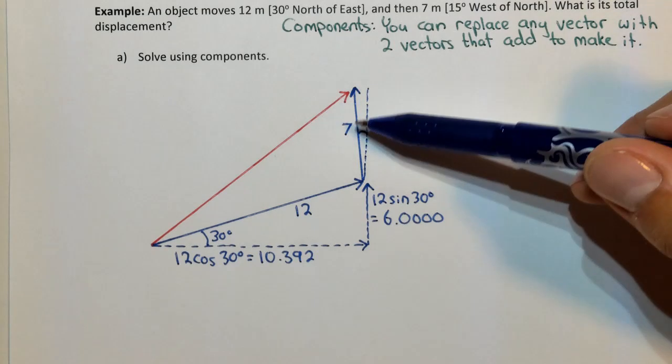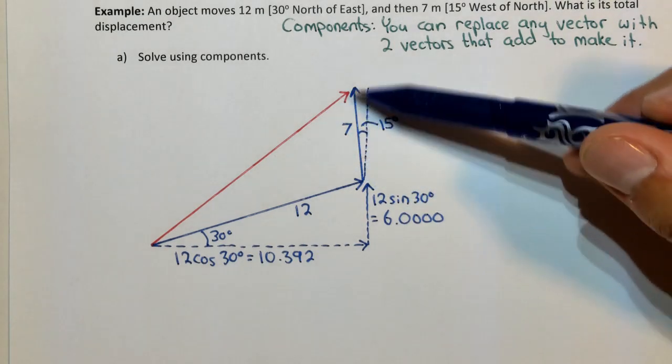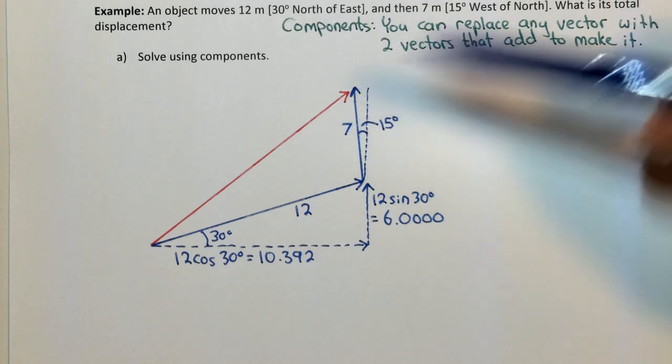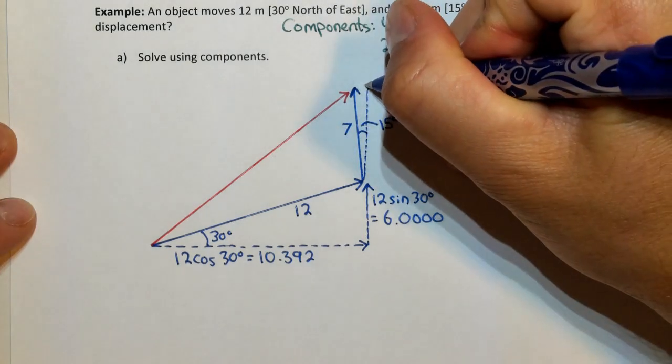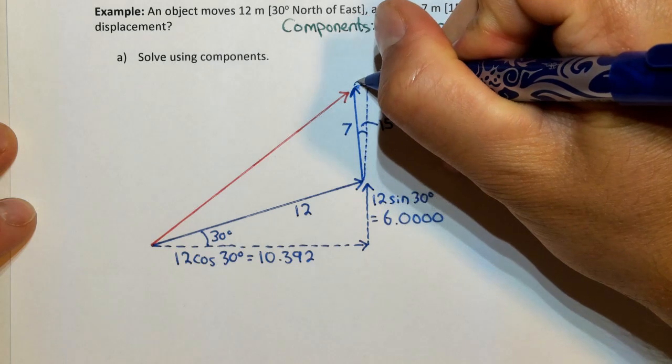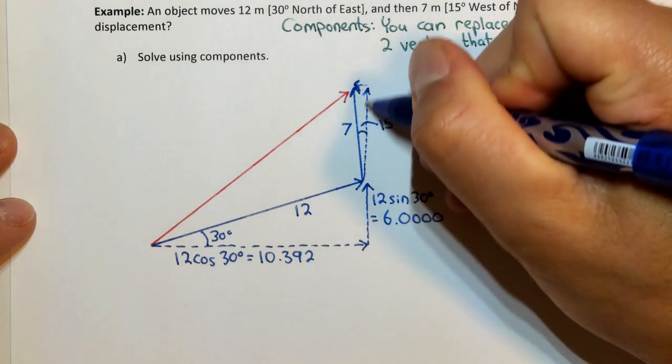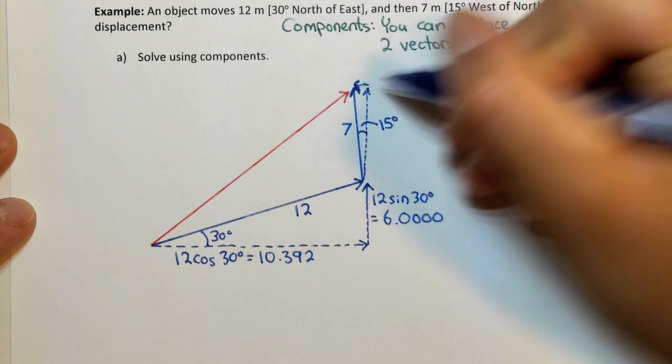I'm going to do the same with this vector here. Again, I don't like this. It's going at this awkward angle. I'd rather not have to deal with angles, so I'm going to replace it with two vectors I like more. One purely in the y direction, and one purely in the x direction.